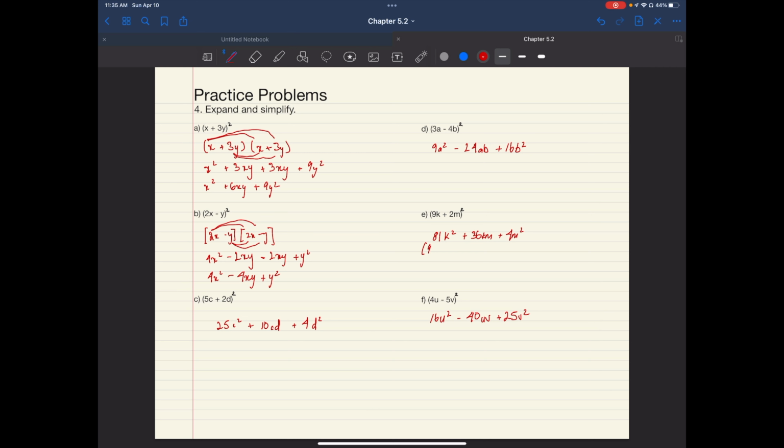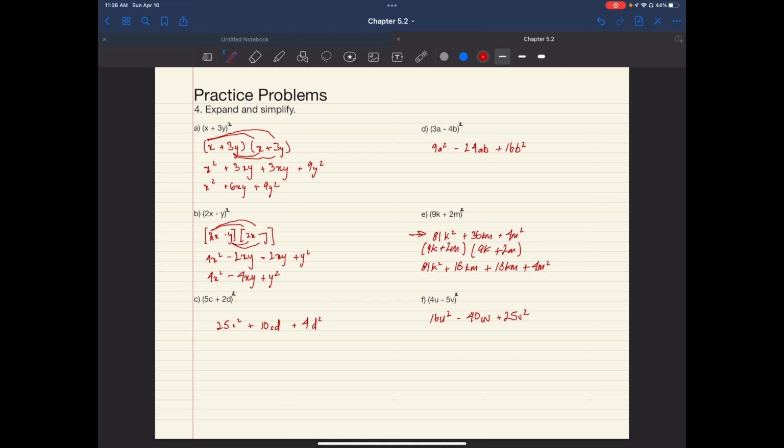Okay, so 9k plus 2m times 9k plus 2m, 81k squared plus 18km plus 18km plus 4m squared. Combine like terms and we end up here.